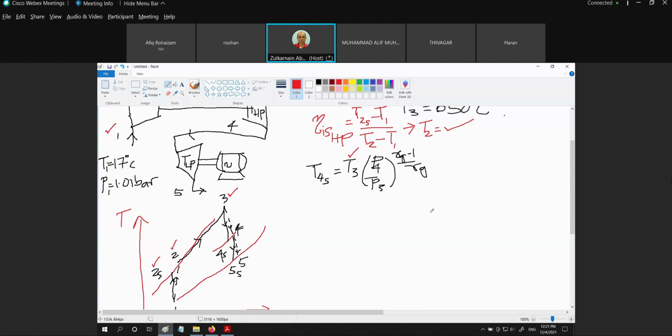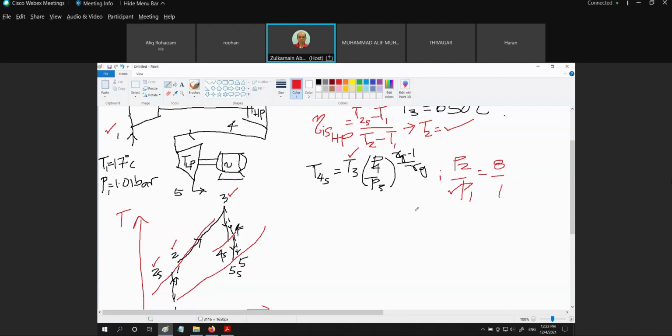Also no. Yeah, we could get the P3, because P3 is equal to P2, correct? Betul tak? Yes, sir. And then we have P2 over P1, which is equal to 8, and P1 is given. P1 is 1.01 bar. So in this case, you can get P2, no problem, which is equal to P3.